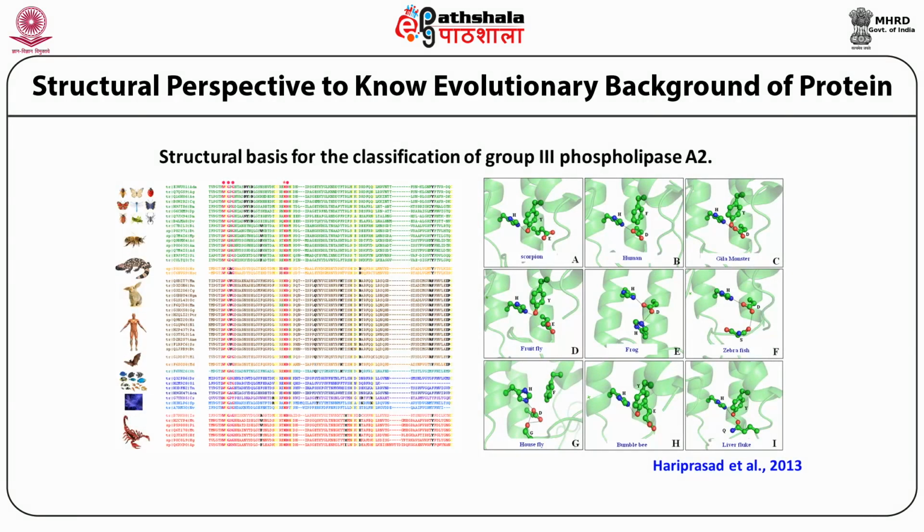Protein structure prediction also helps to understand the evolutionary background of a particular protein. Here, in our lab, we tried understanding the sequences of group 3 phospholipase A2 from an array of organisms, from insects to the Gila monster, rabbit, the human body, the bat, the sea anemones, fishes, and the scorpion. What is interesting is that the catalytic site is different in different organisms.